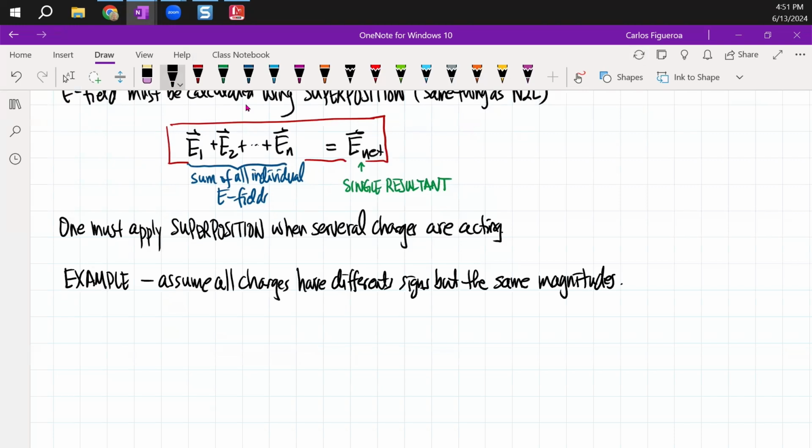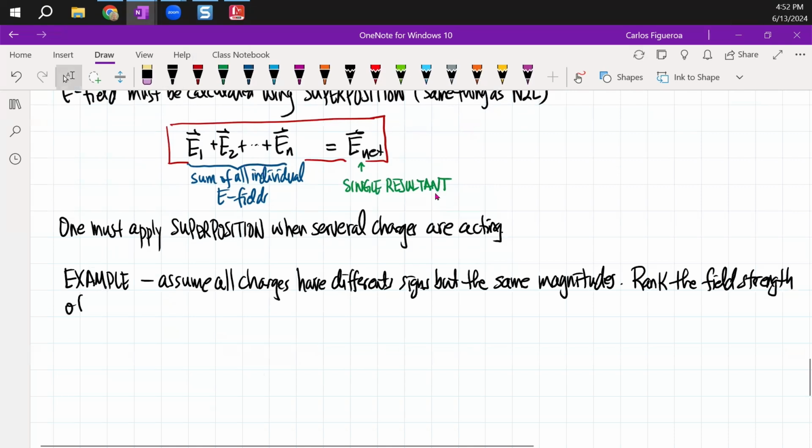Then I want to rank the field strength of E net. This is really arbitrary, and I'll say E net at the origin.